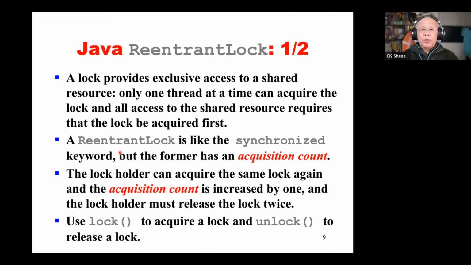But in Java, the reentrant lock is something more. It's referred to as an acquisition count. What does that mean? This is the term reentrant. A lock holder can acquire the same lock again and again. Always keep this in mind: a lock has an ownership.